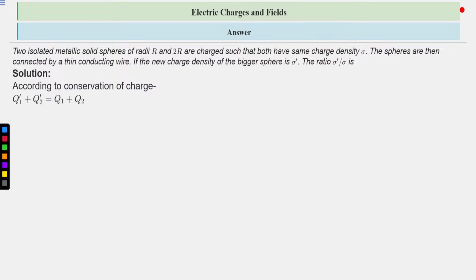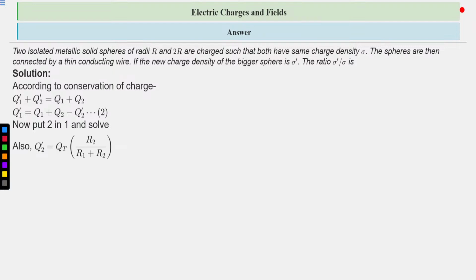Means the net charge after the transfer of charge from one sphere to another is equal to the net charge before the transfer. Means Q1 prime plus Q2 prime is equal to Q1 plus Q2. Now Q1 prime is equal to Q1 plus Q2 minus Q2 prime. Put this equation as 2. Now put 2 in 1 and solve it.